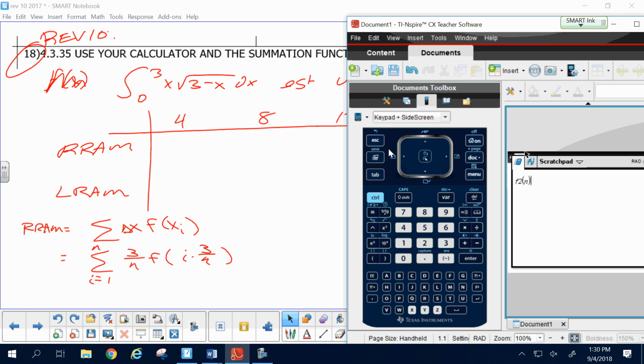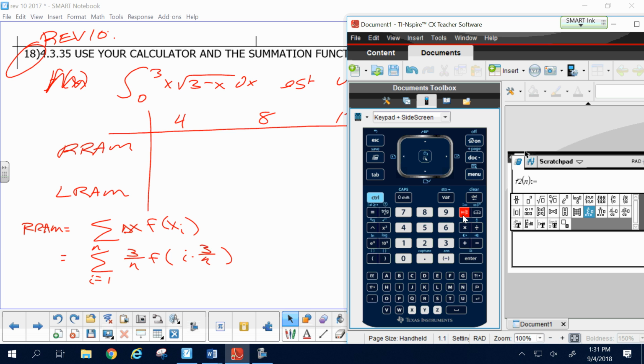When you want to define a function, you see that little blue colon equals? That means basically I want to create a function, let it equal. So do the colon button next to 9, and you're going to say let this function be defined as, now we want to create a summation. The best place to go to summation is right in that same place, but not the blue.